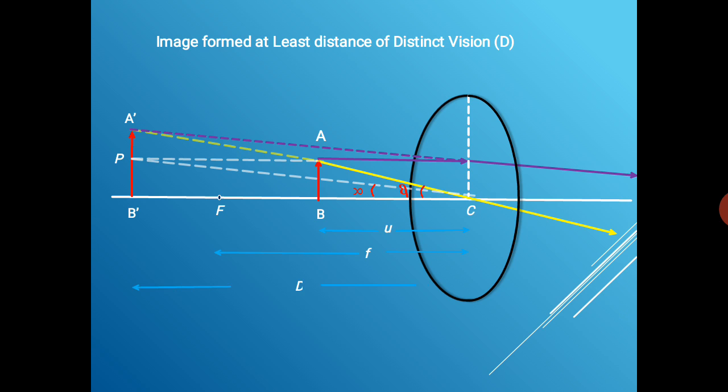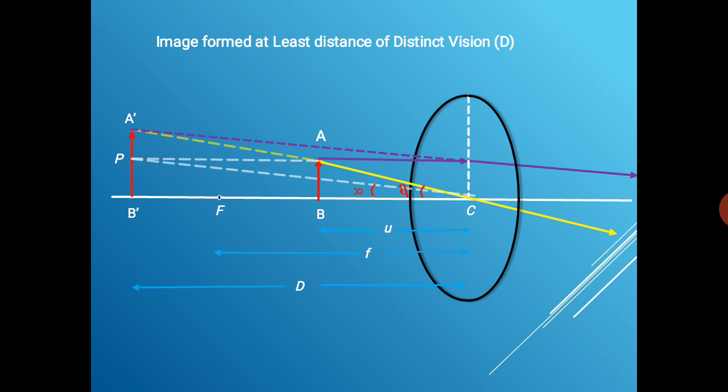The focal length is marked and the image distance is marked. This image is formed at the least distance of distinct vision, which we denote as capital D. So this is the image formation in case of a convex lens for simple microscope. This is for the case when the image is formed at capital D, that is 25 centimeters.